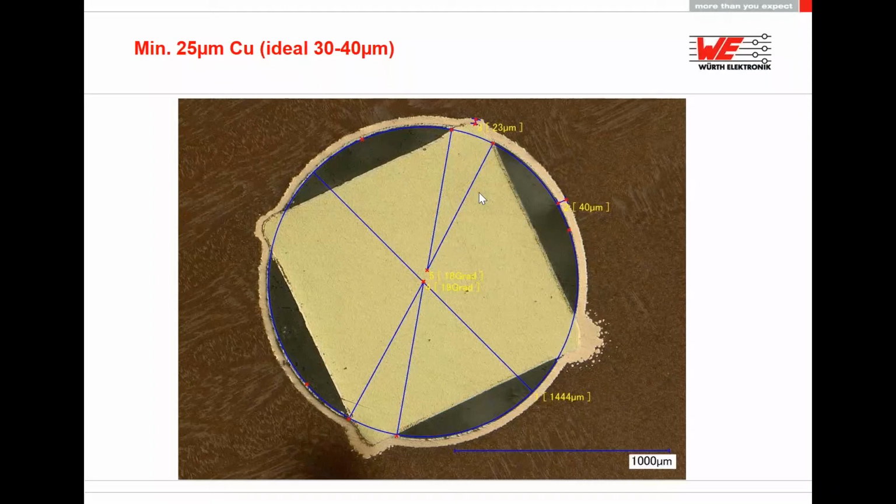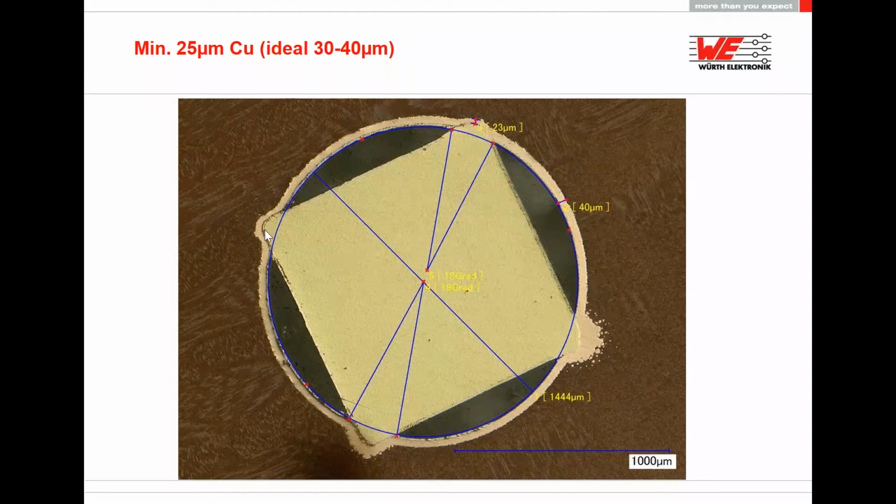Yes, that's exactly the point why we suggest to use tin plating, because the problem is not the gold, the problem is more the nickel, and nickel is a very hard material. But for the cold welding, we need soft materials to get high friction and to generate optimal cold welding.